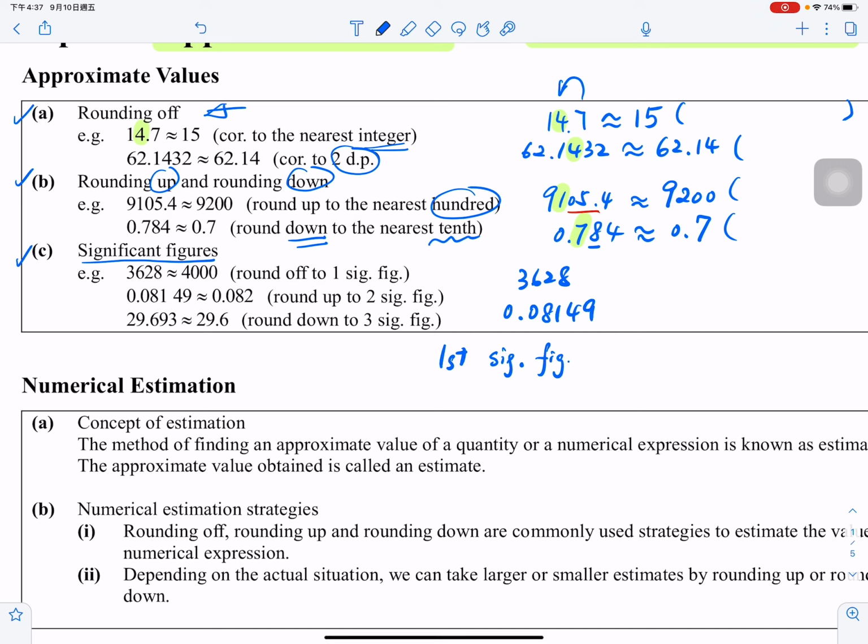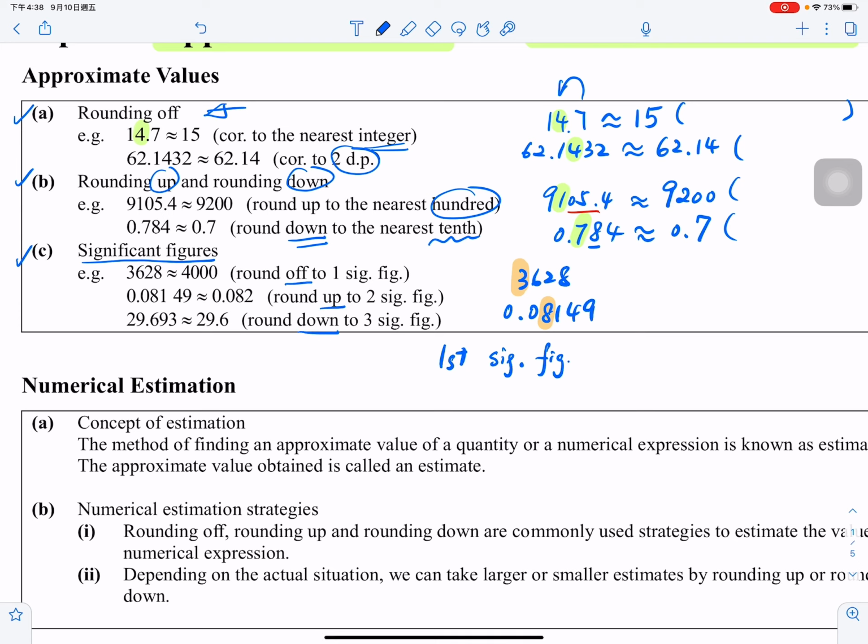Start from the left-hand side and count the non-zero value. So this one is the first significant figure. And for the second, 0.08149, 8 will be the first significant figure. Clear? So it depends on whether you round off, round up, or round down for the significant figures.